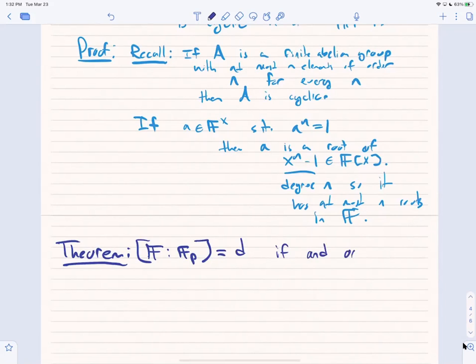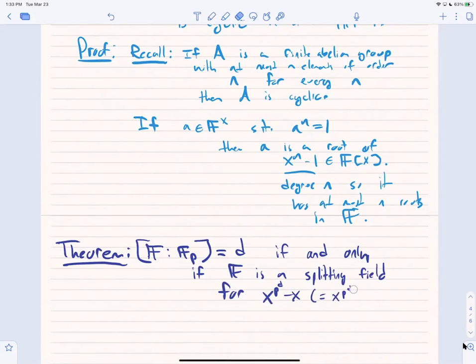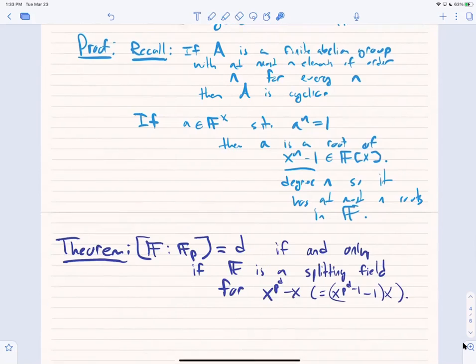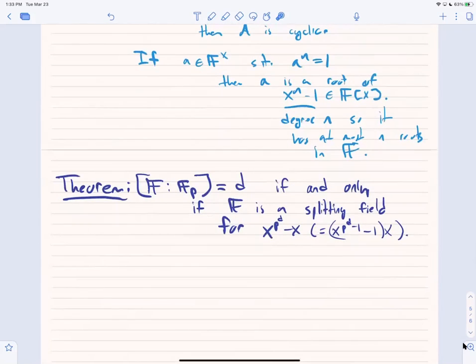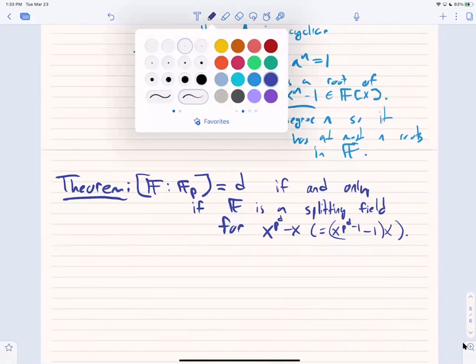Then that's the same as saying F is a splitting field for x to the p to the d minus x, which is equal to x times x to the p to the d minus 1, since I can factor out the x. In here, I could just use x to the p to the d minus 1, but this one's a little harder to write. So write in a different color.